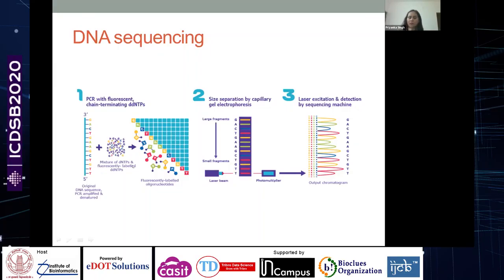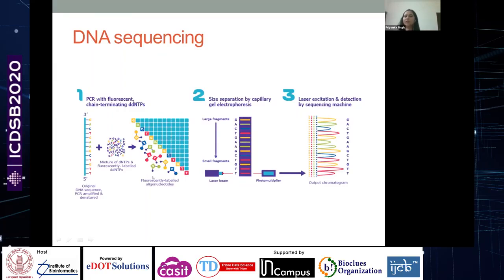And you also add in this reaction fluorescently labeled dideoxy nucleotides, the ddNTPs. The dideoxy does not have the hydroxyl group on the third carbon. So that will basically restrict the formation of the phosphodiester bond, and the chain of DNA formation is stopped.